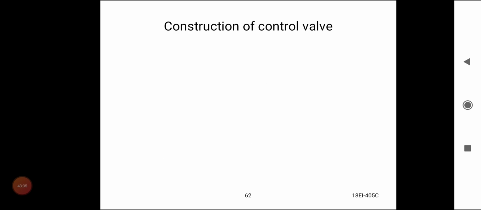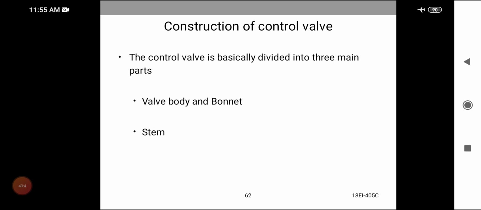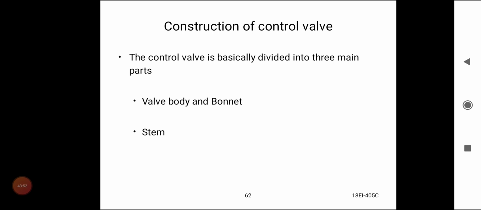The construction of the control valve. The control valve is basically divided into three main parts: valve body, bonnet and stem, and plug.